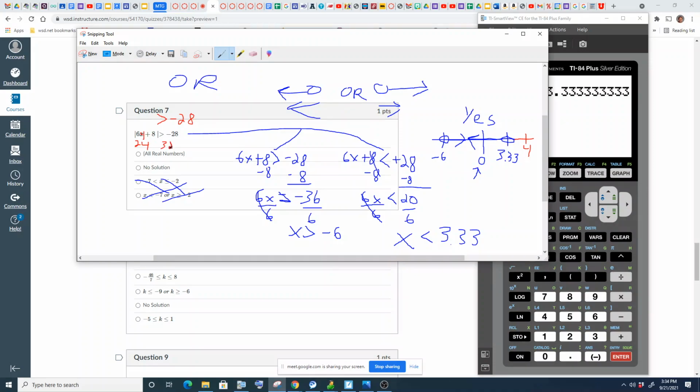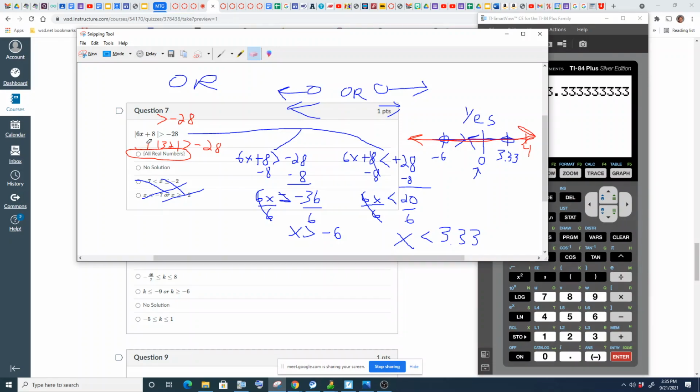And isn't 32, the absolute value of that, greater than negative 28? Why, yes it is. So that means our arrows are going to keep going in this direction, and this arrow is going to keep going in this direction. And that means we're probably looking at all real numbers. Everything to the left, everything to the right, just everything. That's crazy, right?